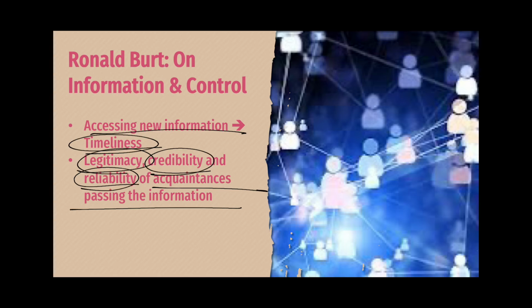They have to have some form of control over the information that they're providing to other organizations, because they only want to give enough information to spark idea making, but not so much until papers are written down and signed, so that you can protect your information from competitors. Right? So the legitimacy, credibility, and reliability of acquaintances and networks passing that information is very, very important as well to safeguard the innovative ideas that we have.